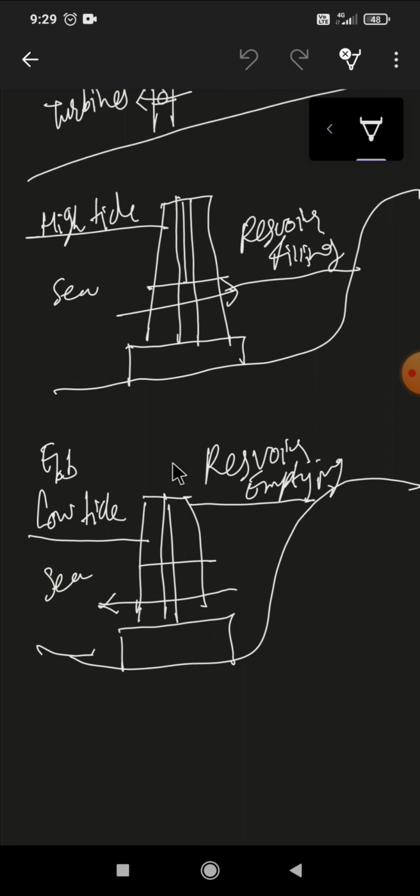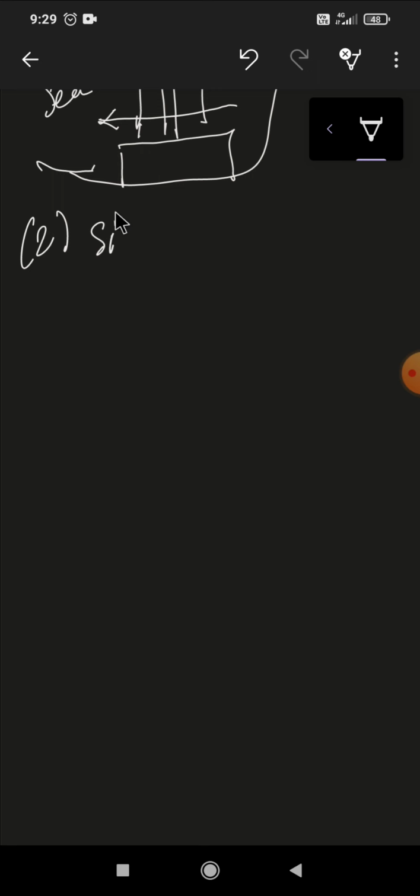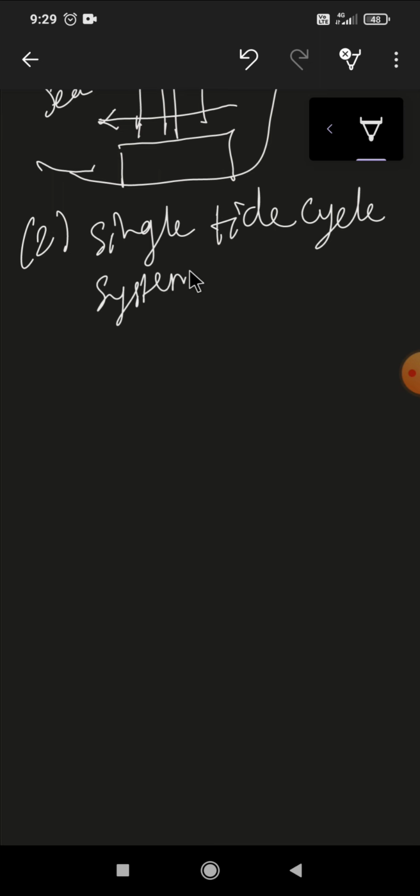In the single tide cycle system, the generation is effected when the sea is at flood tide.